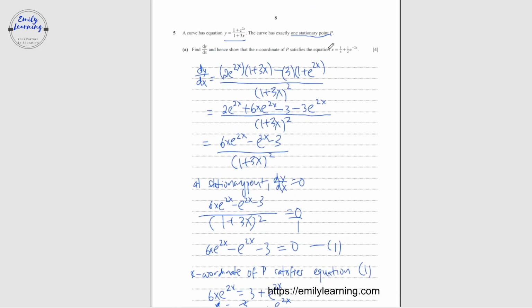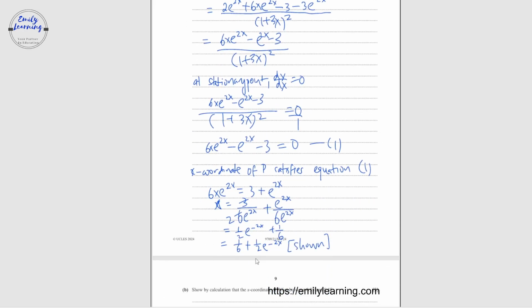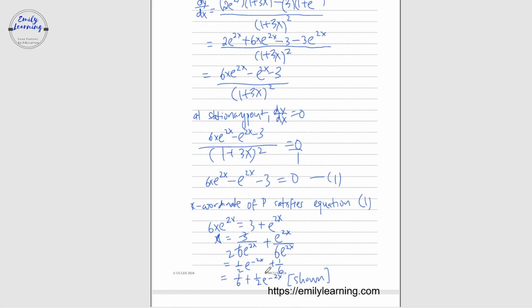Rewrite it to be the same as the question: it's 1 over 6 plus half e to the power of minus 2x. So I have shown that the x coordinate of P satisfies this equation, because I can rewrite this into this. If you want, you can write x here also.